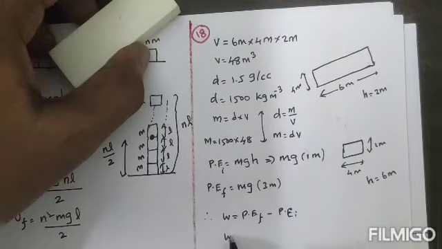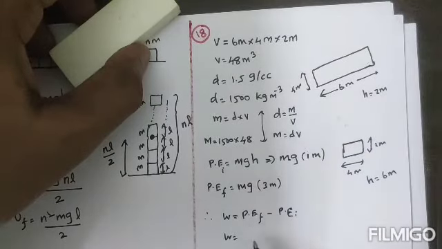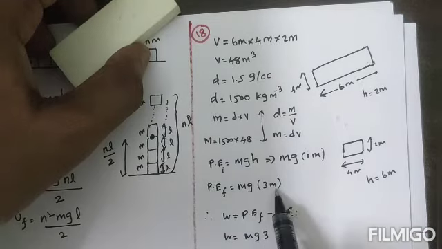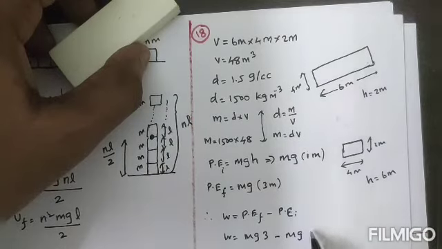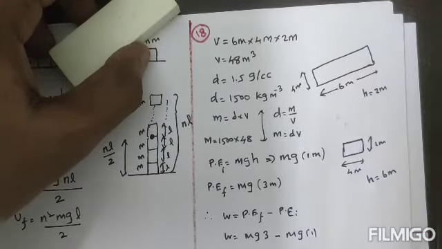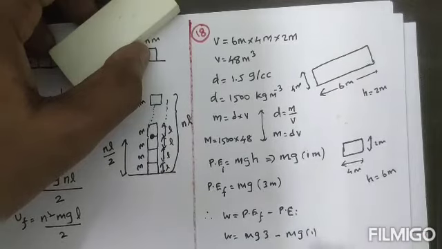Work done is equal to mg times 3 minus mg times 1, that is 2 mg.